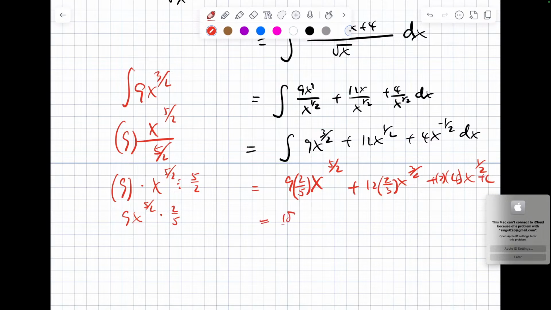And then that's equal to 18 over 5x to the 5 over 2, plus this one cancels out. That is going to give you 8x to the 3 over 2 plus 8x to the 1/2 plus c. Is that okay? I didn't do anything crazy. Now the only part where I use calculus is this part. Everything else is algebra.